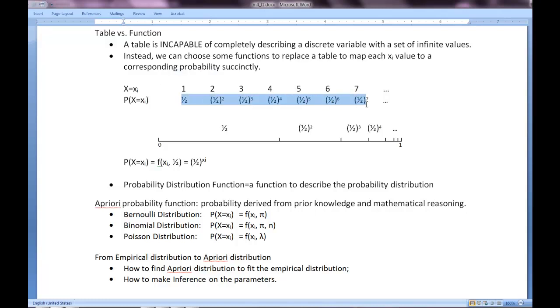So at the end, you have this sequence of numbers that are corresponding to the possible values. And the reason this could be a probability distribution is this sequence of numbers, despite having an infinite number of values, will sum to 1.